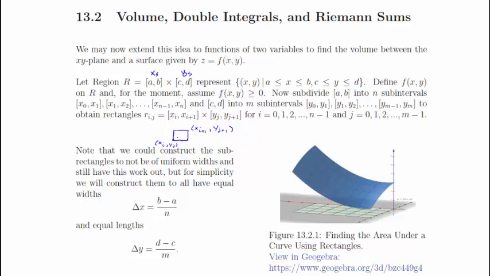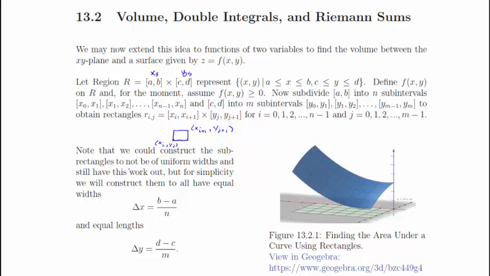So this is rectangle R sub i,j, and we have these rectangles for i equals 0, 1, 2, all the way up to n minus 1, and j equals 0, 1, 2, all the way up to m minus 1, so that we're doing lower left endpoints for these rectangles. We'll see that in the picture here in a few moments.